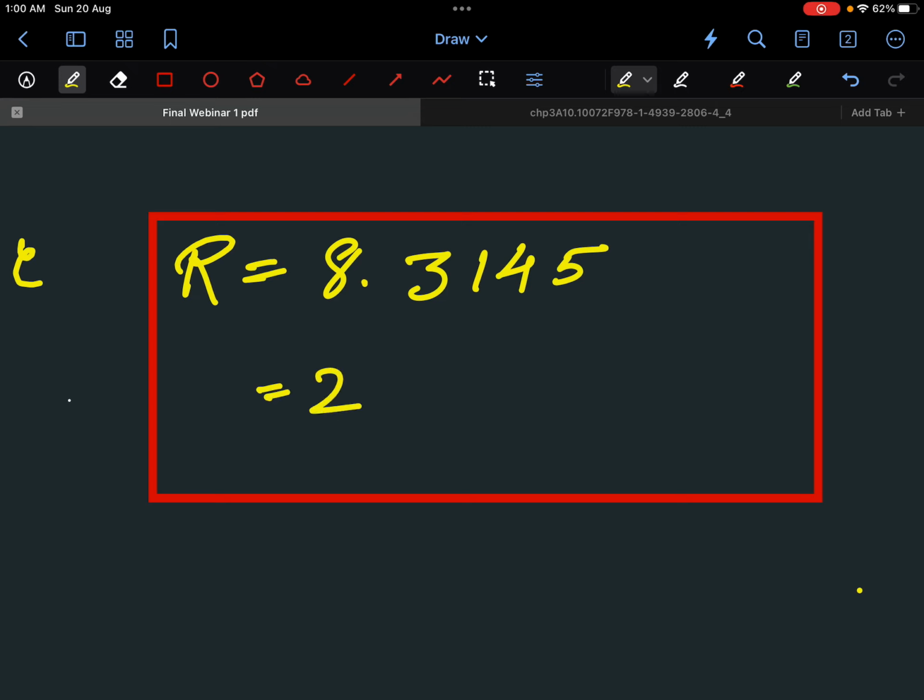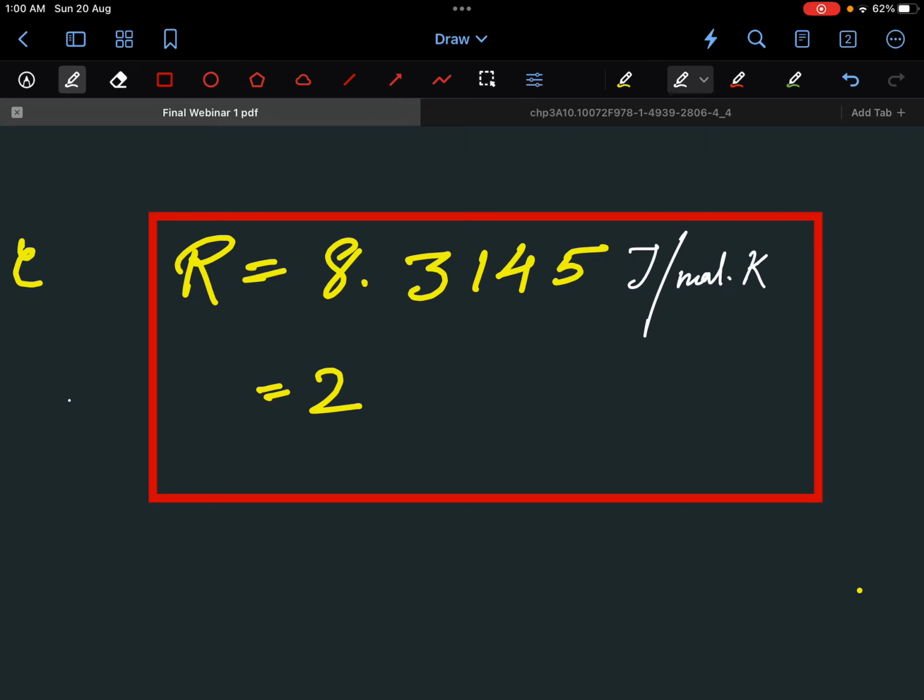Why are there two values? Because there are two different units. The first unit is joule per mole per Kelvin. This is the unit of R when the units are given in joule and mole and Kelvin. And what is 2?